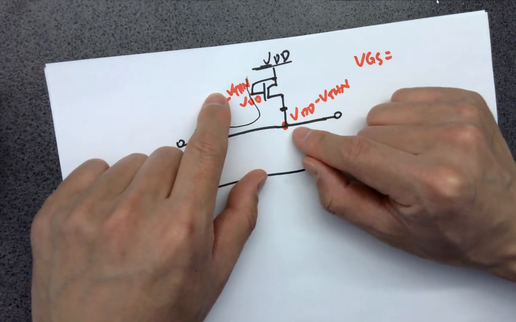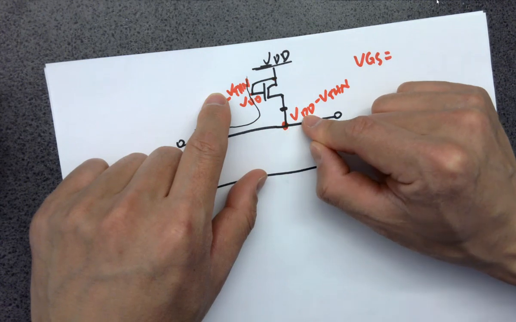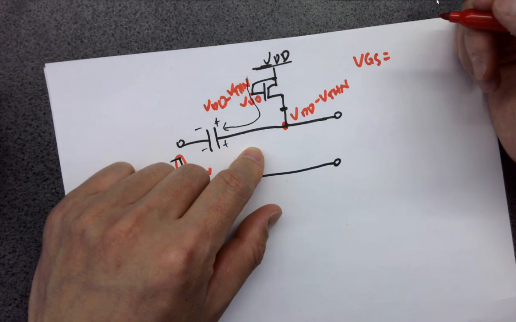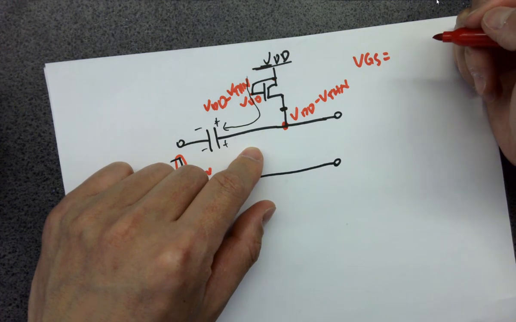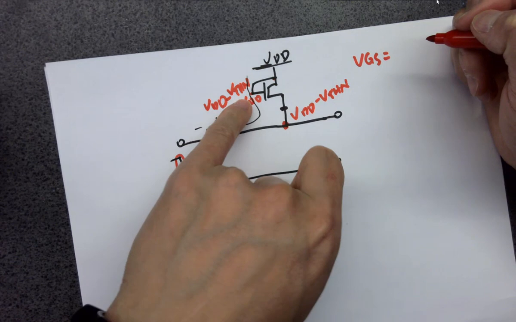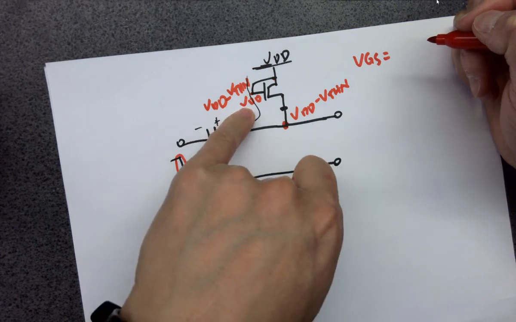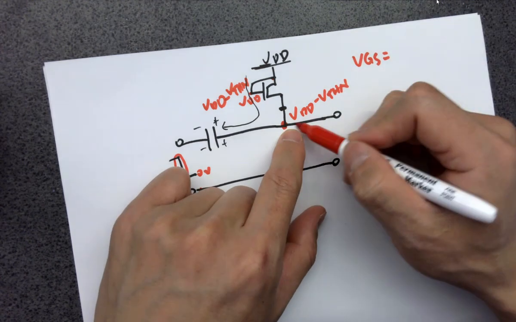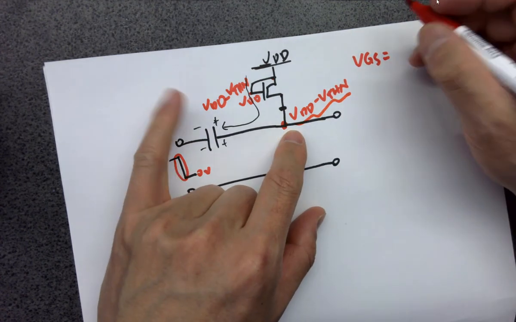Whenever this voltage rises to VDD minus VTHN, VGS becomes what? What is VG? What is VS? So what is VGS though?